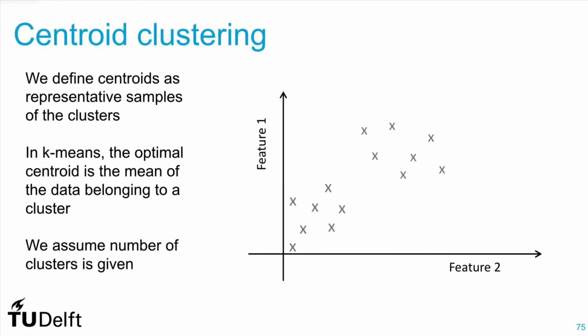So let's start with centroid clustering. We define centroids as representative samples of the clusters. In the case of k-means, we will see that the optimal centroid corresponds to the mean value of the data in the cluster. And in this case, let's assume that the number of clusters is given.